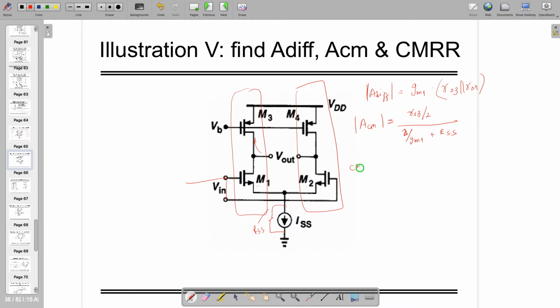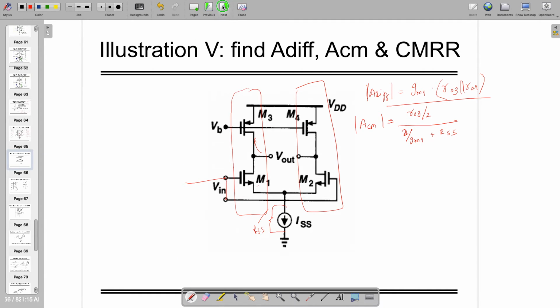And you can write down CMRR in a very simple way, gm1 times ro3 in shunt with ro1, divided by this, and you can simplify. There is no doubt about that.